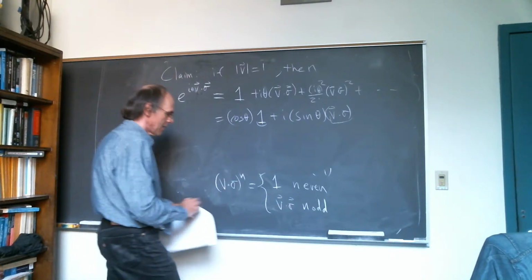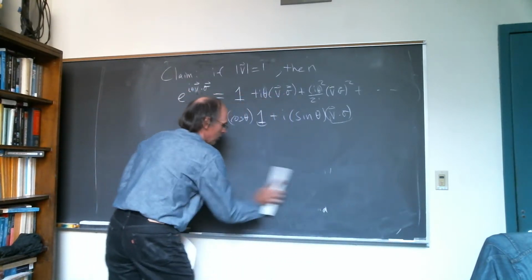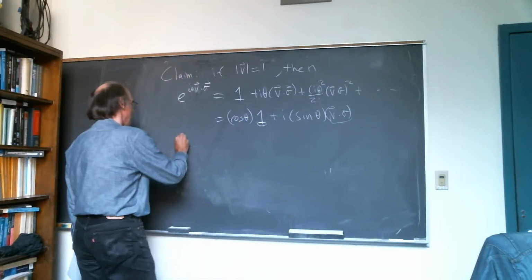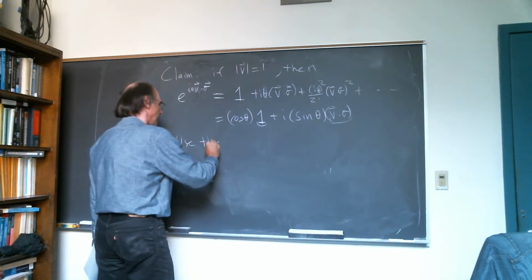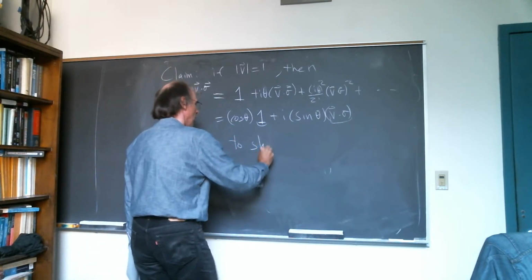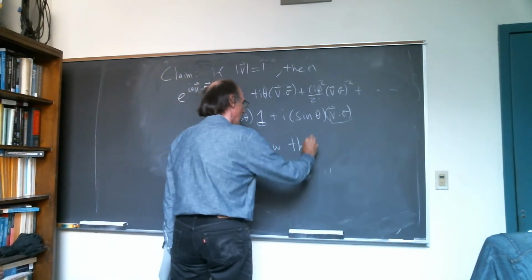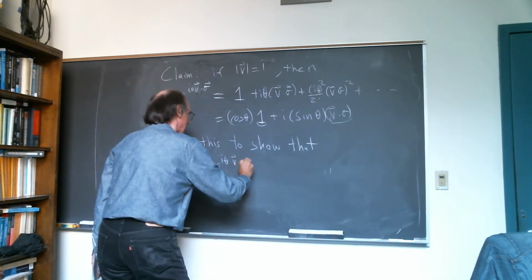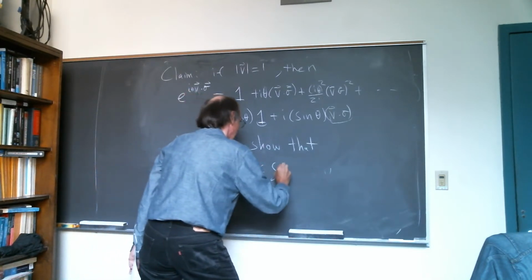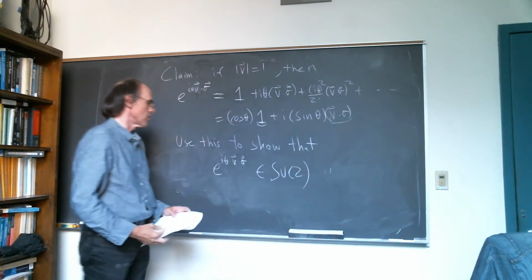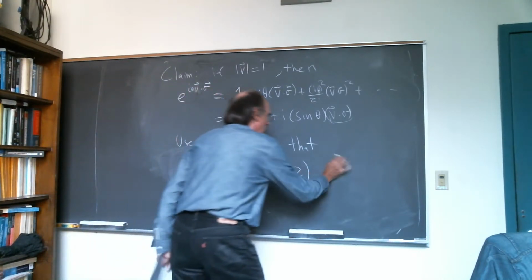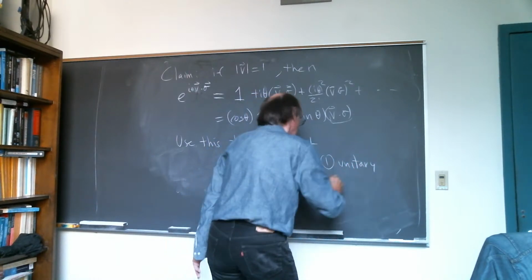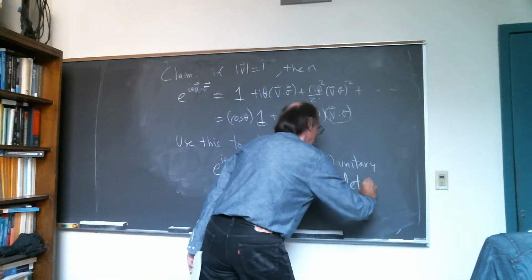But then what I don't really have time to go through, because we're getting to the end, but it is done in the notes, is we use this to show that e to the i theta v vector dot sigma vector is an element of SU2. In other words, you want to show that it's unitary and that its determinant is 1.